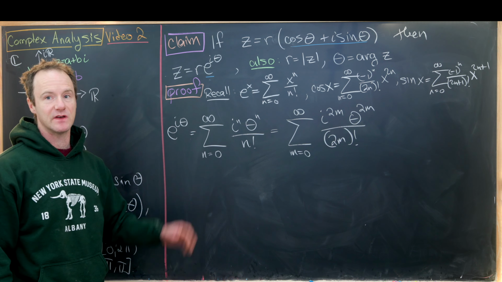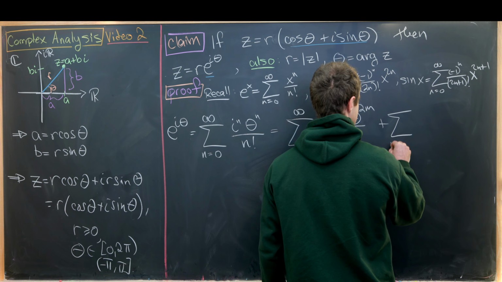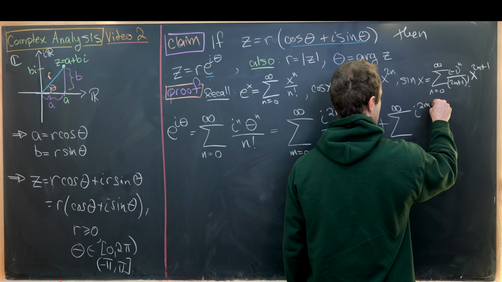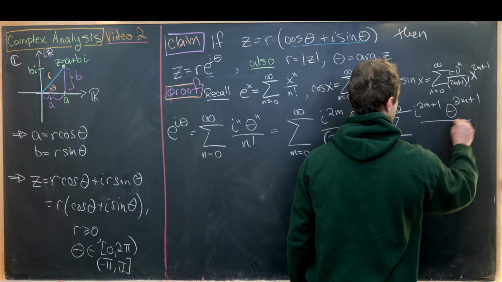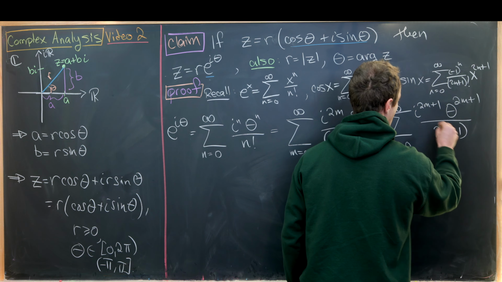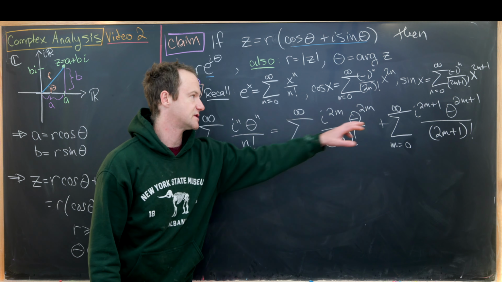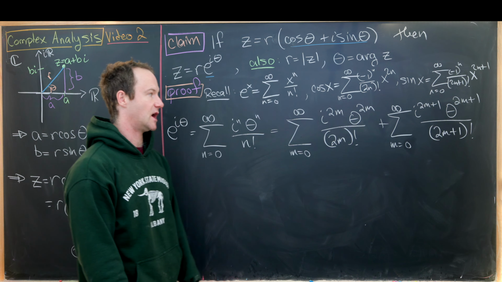So that'll be the even components. And then we'll have plus the sum as m goes from 0 to infinity of i to the 2m plus 1 theta to the 2m plus 1 over (2m plus 1) factorial. So again, these are the even parts, those are the odd parts. And by even and odd, I mean the even indices and the odd indices.